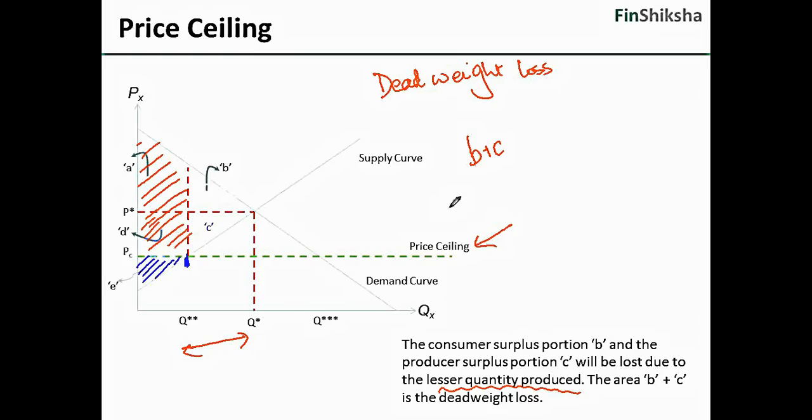Not only this, there will be a flow from producer surplus. So this area D was in producer surplus earlier. Now this has gone from producer surplus to consumer surplus. So consumer surplus, which was only A, is now A plus D. So D is the benefit that has gone because of the price ceiling from the producer to the consumer, which is logical.